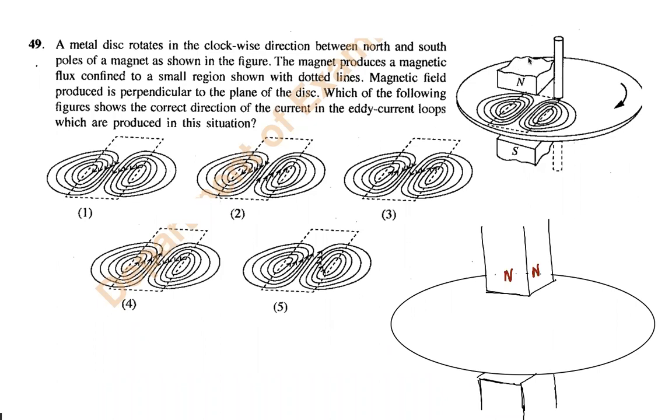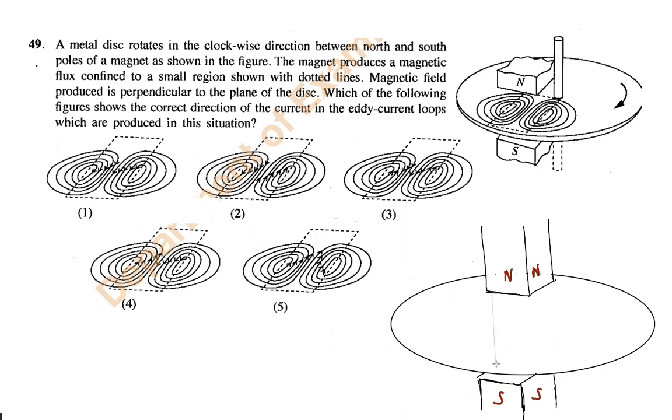So this is the South Pole, North Pole, South Pole, North Pole, right? Okay, I'll start explaining then. You also can give it a try. We are running out of time.